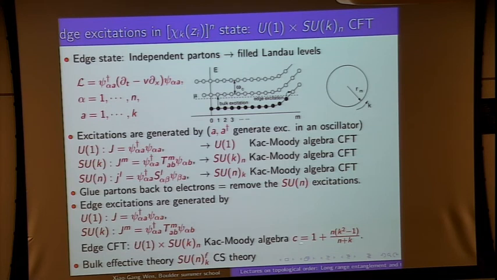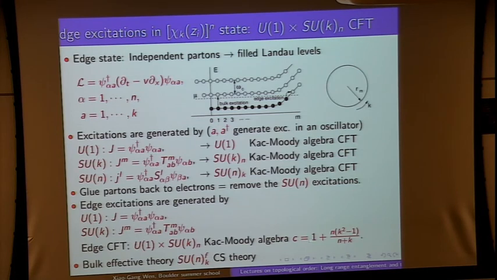There's the so-called central charge. The central charge basically is like counting how many degrees of freedom on the edge, with normalization such that a chiral fermion has central charge 1. So this theory has a chiral central charge k times n. And after projection, the chiral central charge is getting smaller because you have fewer degrees of freedom.